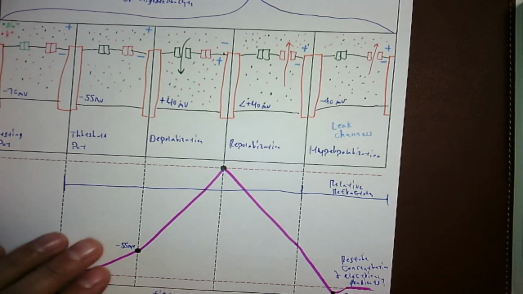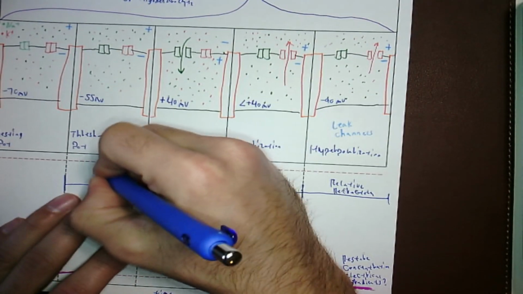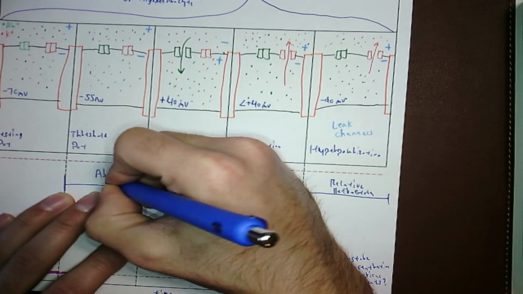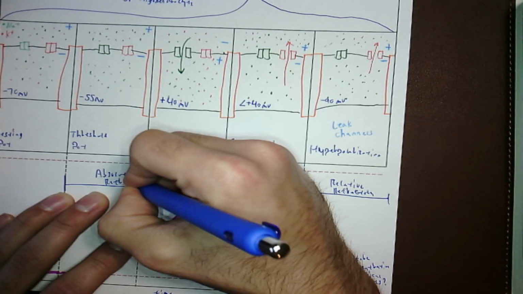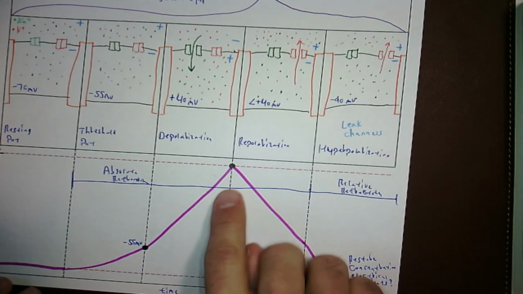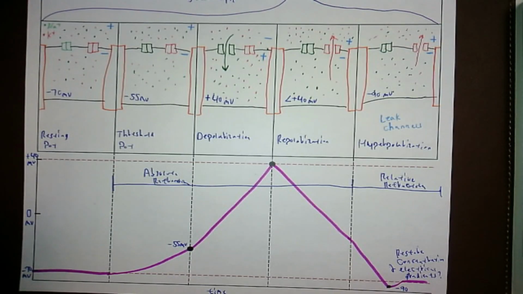My handwriting's terrible, I know. And our absolute. Yeah, there you go. Refractory. What are those, and what do they have in relation to the panels above? So that's for you to discover.